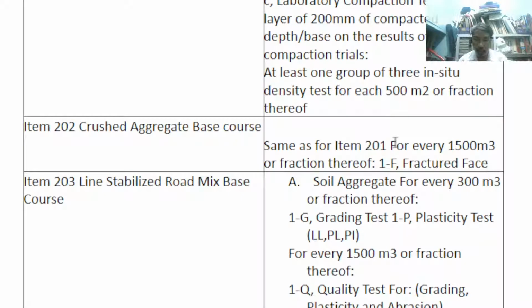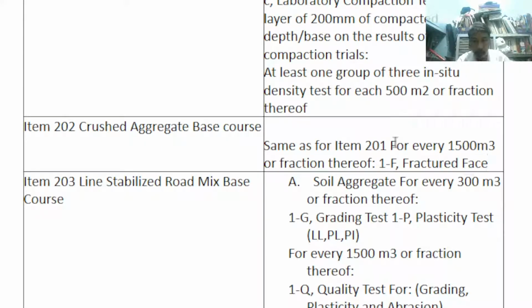So this is additional for item 202. 1-F meaning fractured face test. Fractured face test. So meaning the cracks on the face of the slab or the pavement must be measured, must be tested, must be evaluated later on.